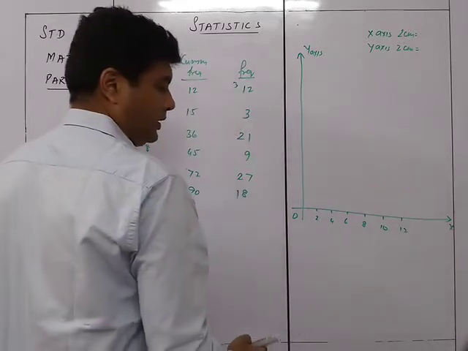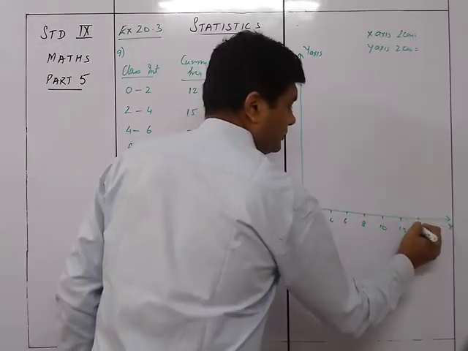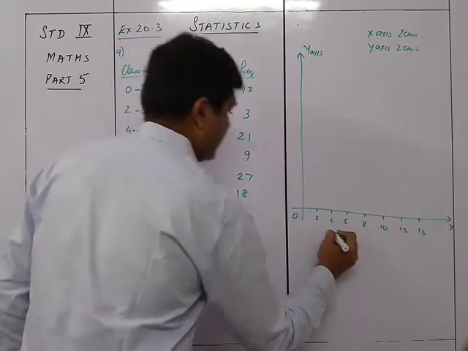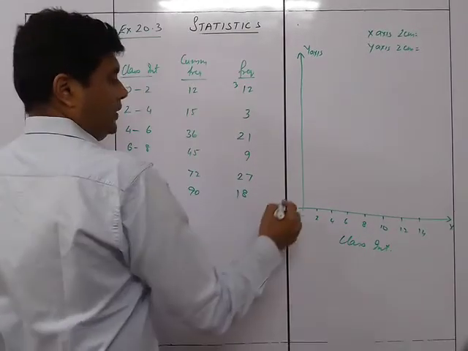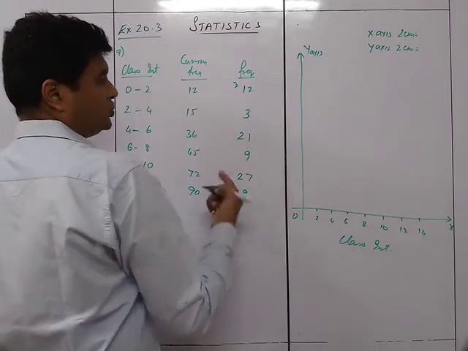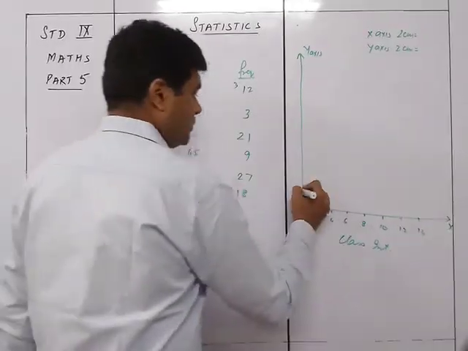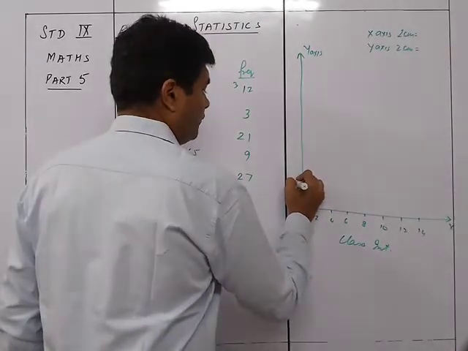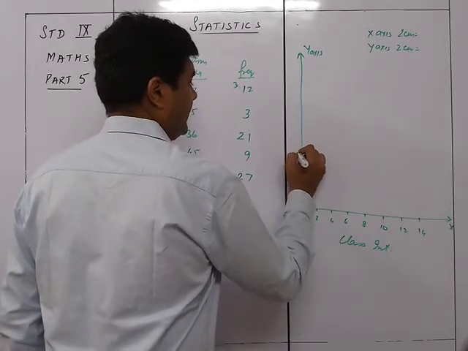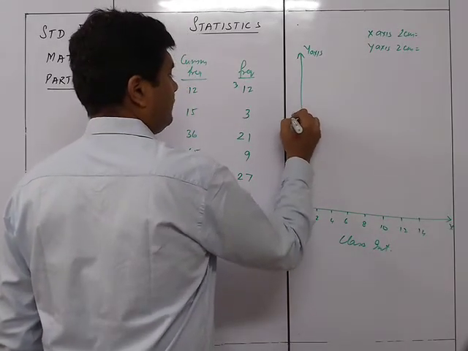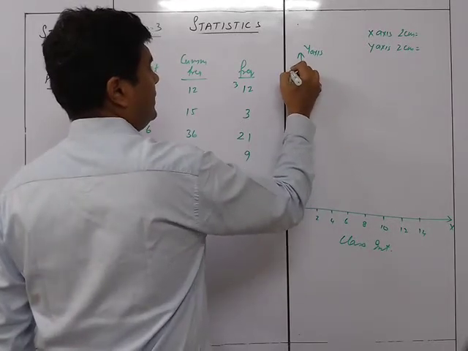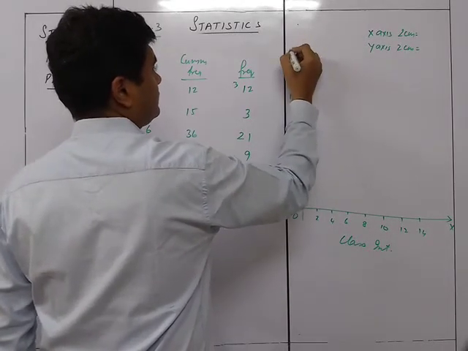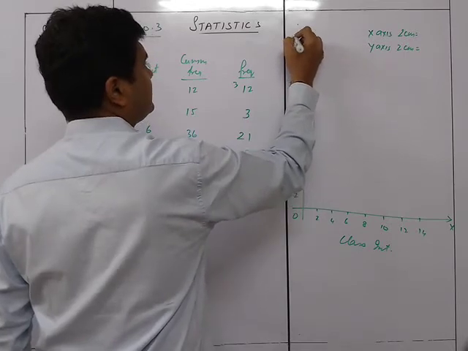That is the class interval. Over here, this is up to 27, so 27 will not fit. So again it will be 2, 4, 6, 8, 10, 12, 14, 16, 18, 20, 22, 24, 26, 28.